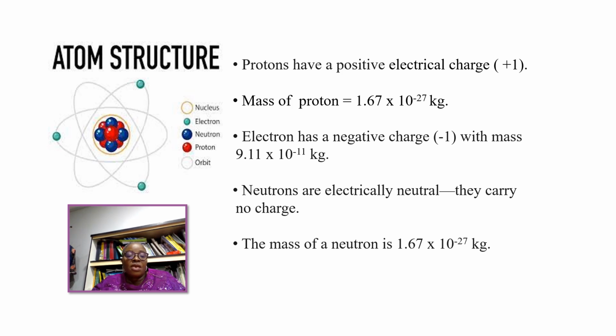The proton and the neutron in the nucleus make up almost all of the mass of an atom. The protons are positively charged while the neutrons have no charge. So we say that the nucleus is positively charged, since it is made up exclusively of protons and neutrons.